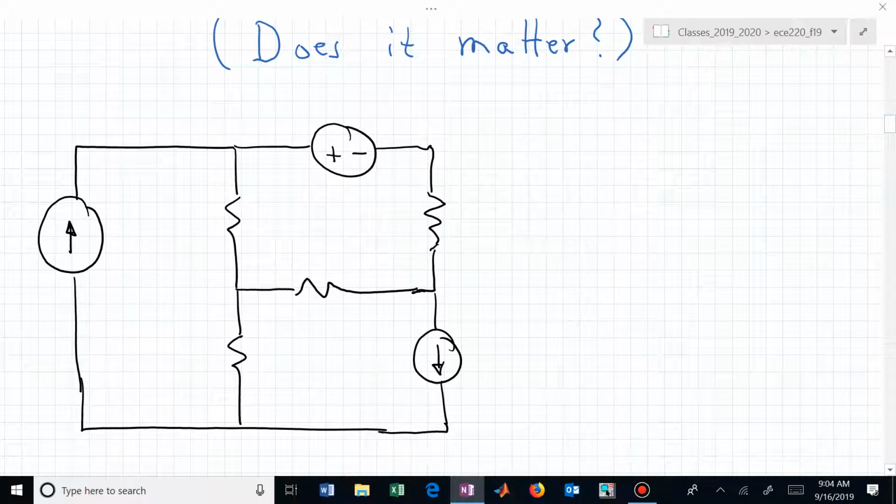What I want you to identify now are the essential nodes. Where are the essential nodes in this network? Can you identify them? That's something you have to quickly be able to perform when analyzing circuits, especially node voltage analysis.